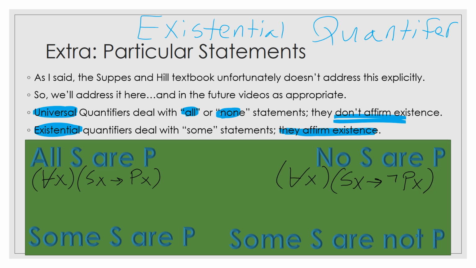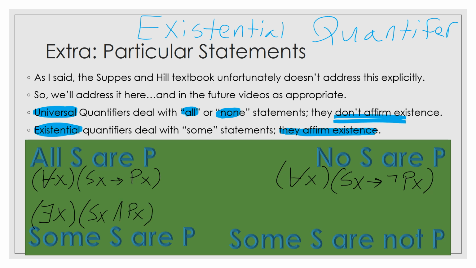Here we will use the existential quantifier, and this is like a backwards E. So for some X, X is S and X is P.